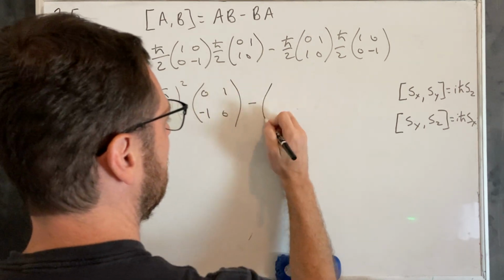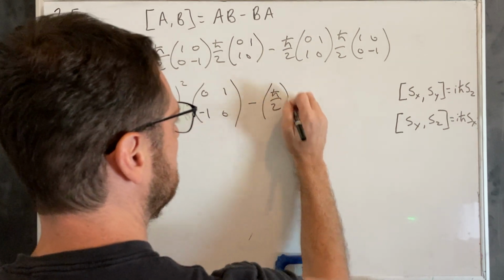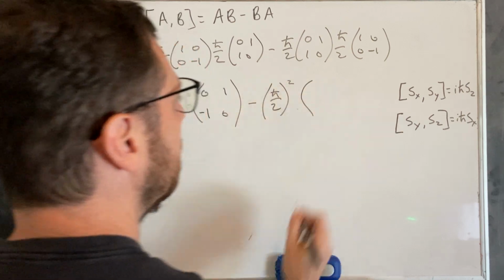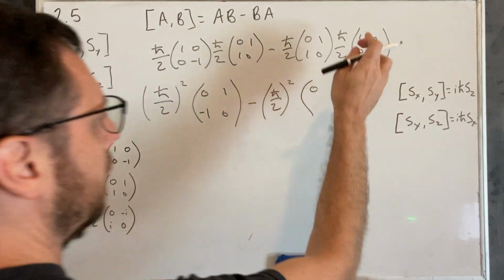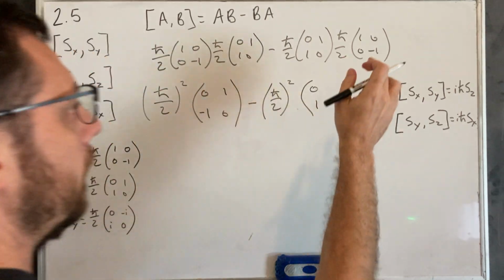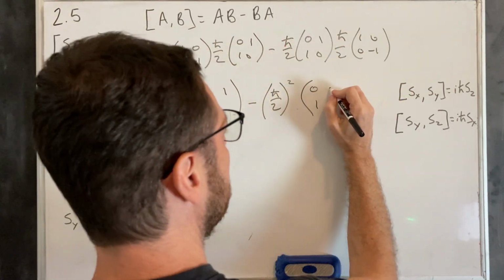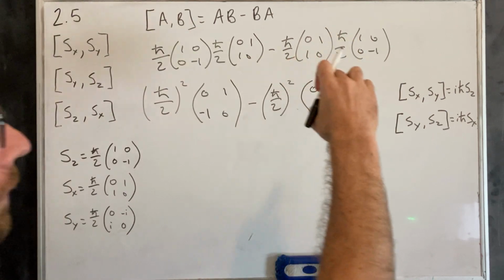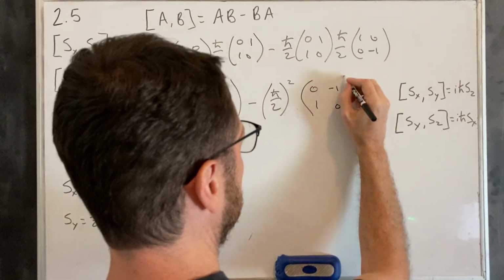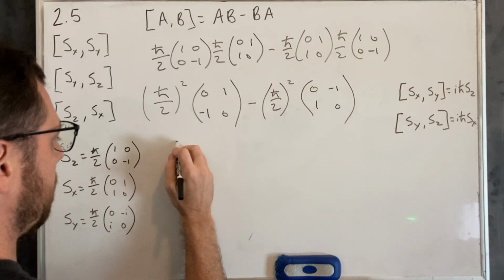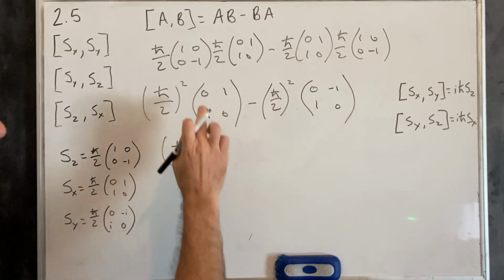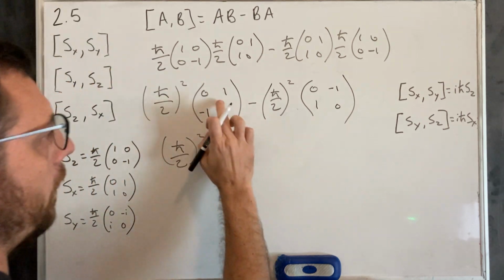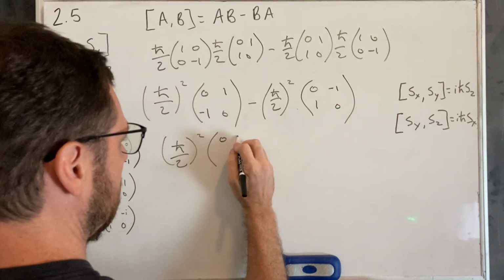Okay. h bar over 2 squared. Ooh, all right. 0 and 0, make 0. 1 and 0, make 1. 0 and negative 1, make negative 1. And 0 and 0, make 0. All right. Factor out our h bar over 2 squared. 0 minus 0 is 0. 1 minus negative 1 would be 2.